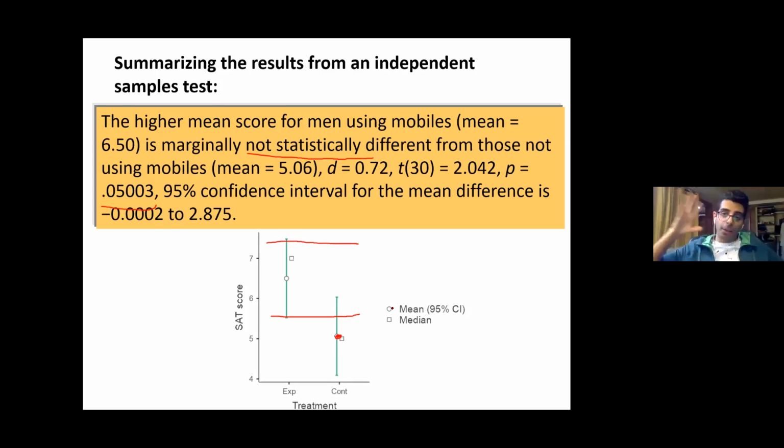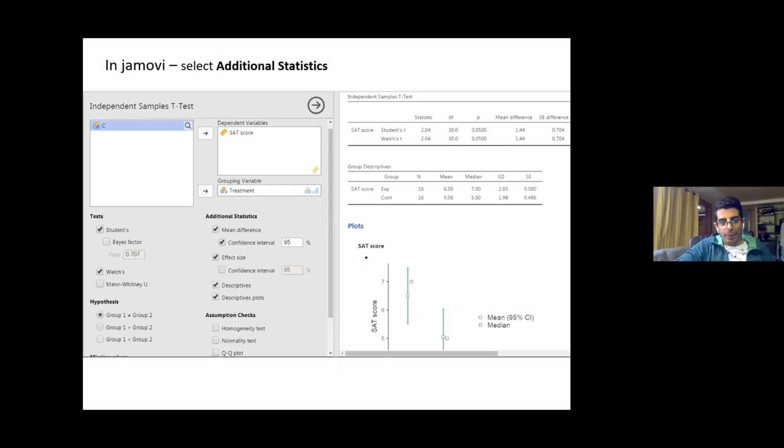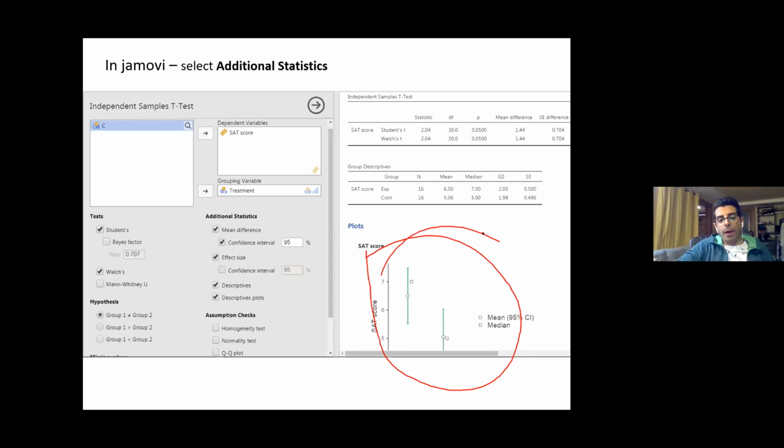My idea is that this diagram is not that well drawn. Maybe there's a mistake in the calculation, or perhaps Jamovi is just absolutely terrible when it comes to making very detailed drawings.